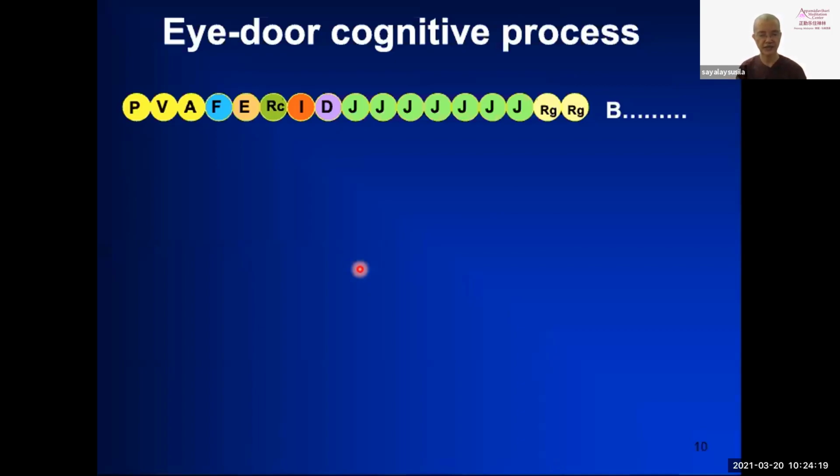The duration or lifespan of materiality lasts for 17 consciousness moments. So why does this eye door cognitive process last for 17 consciousness moments? Because the visible form, the object, which is materiality, has a lifespan that lasts only for 17 consciousness moments.